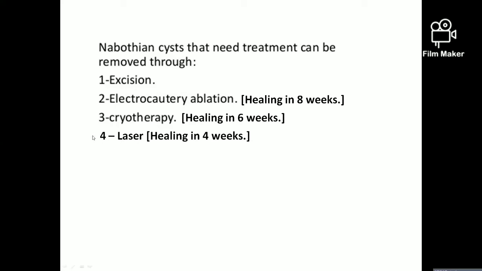Conization operations are also performed. What exactly is done in diathermy cauterization? In this, the tissues of the cervix are coagulated, the columnar epithelium is destroyed, and the raw area on the portio vaginalis gets healed. After the diathermy ablation, the area heals in 8 weeks, and is then covered by squamous epithelium.